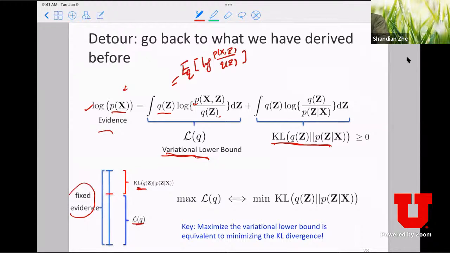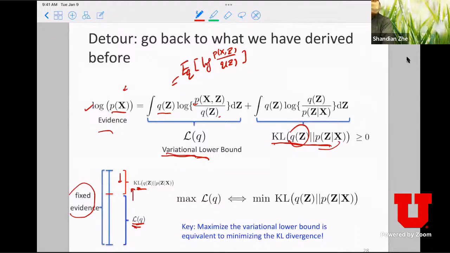In other words, if you maximize the evidence lower bound, it is equivalent to minimizing this KL divergence. So the larger the evidence lower bound you have, the smaller the KL divergence from Q(z) to the true posterior.